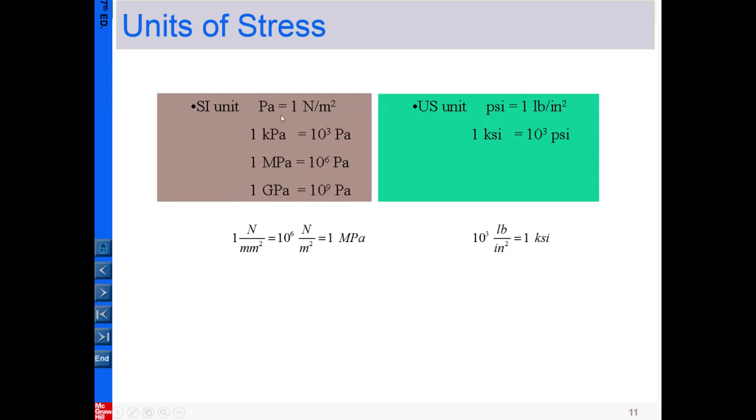In this system, we define the Pascal as 1 Newton per meter square, and K means 1,000, so that means 1,000 Pascal. M means million, so 1 MPa means 1 million Pascal. G is giga, so 1 GPa is 10 to the 9 Pascal.